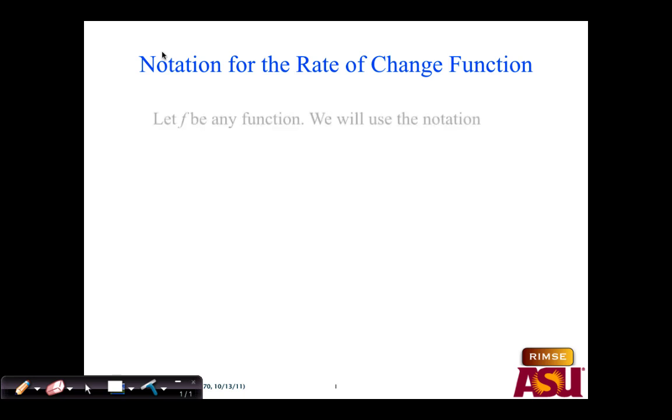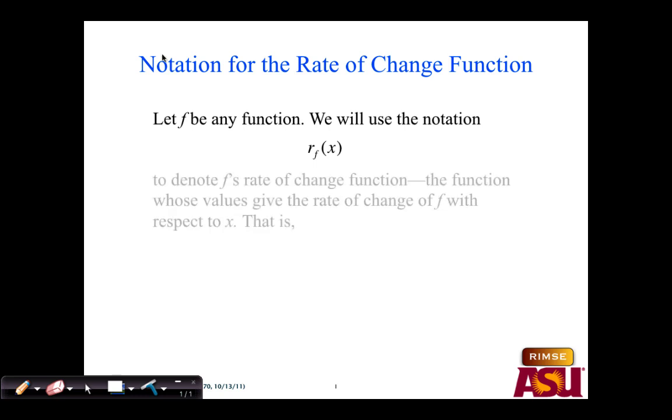So let's see. Notation, first of all, because we've just talked about one notation so far, and we will be using that. But if f is any function, whether you think of it as an accumulation or you just saw it listed f of x equals, f of q equals, whatever it might be, if x is what we're using as the placeholder for the independent variable, r sub f of x is what we're going to use for its rate of change function.